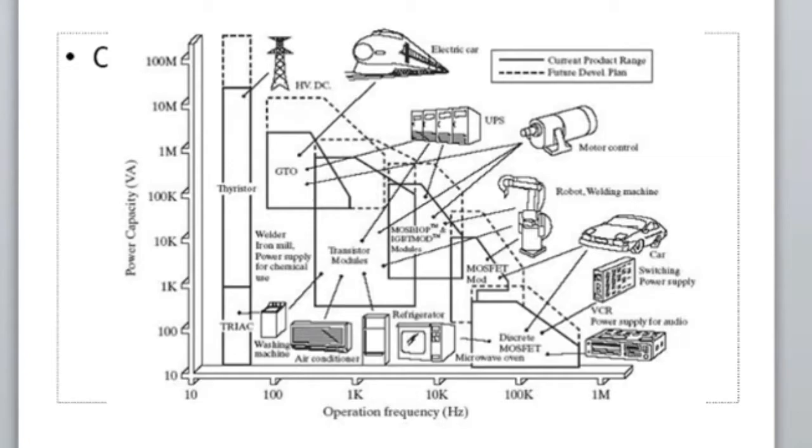In any motor, power is proportional to torque into speed. But torque is proportional to n square. Finally, what can we say? Power is proportional to the cube of the speed.